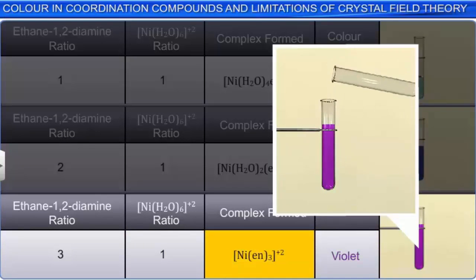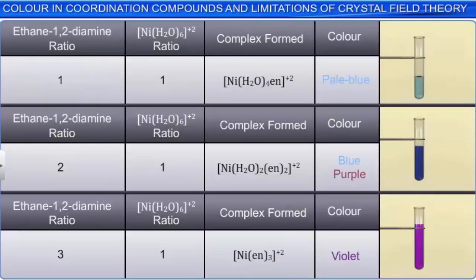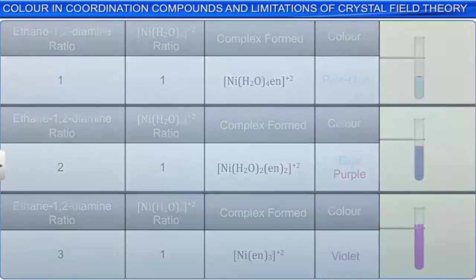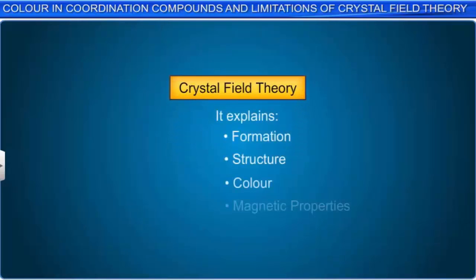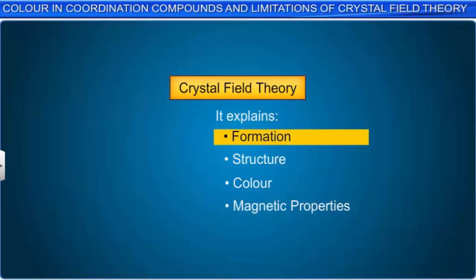Now let us see the drawbacks of the crystal field theory. Although it successfully explains the formation, structure, color, and magnetic properties of coordination compounds to a large extent, it suffers from some drawbacks.